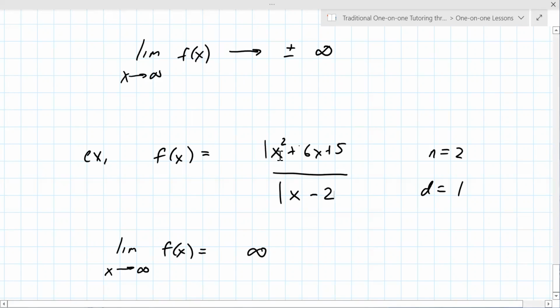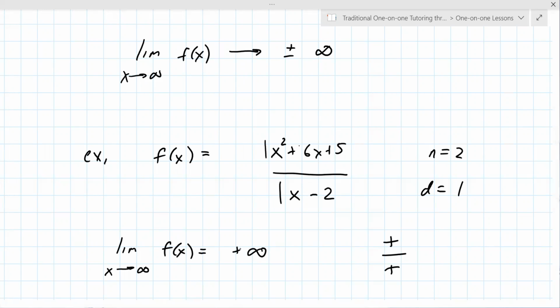You get a positive number. And since there's a positive 1 out in front, it's still positive. When you put a positive number in for x, it's positive. And when you multiply by 1, it's still positive. So you have a positive over a positive, which gives you a positive. So you have to do a little bit of analysis using positive and negative.